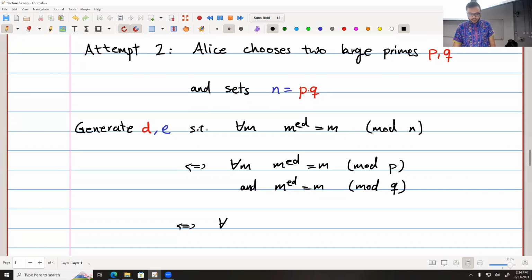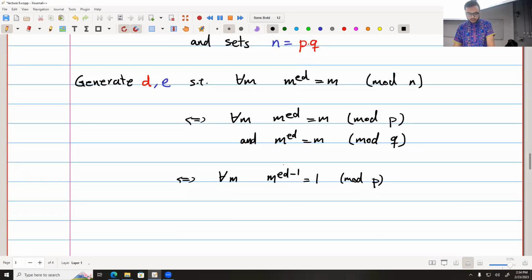So I have to say for every m, m to the power of ED is equal to m modulo p. That means that m to the power of ED minus 1 is equal to 1 modulo p. And also m to the power of ED minus 1 is equal to 1 modulo q.